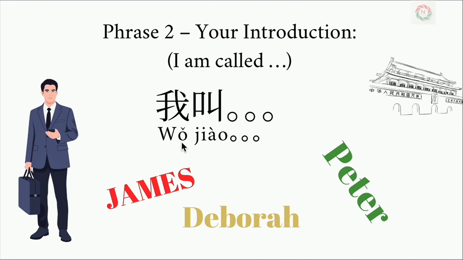Together you have 我叫 Peter, 我叫 James, 我叫 Deborah, 我叫 Jane. Can you introduce yourself? Good. Hope you did this exercise just now. With this, you can introduce yourself anywhere.